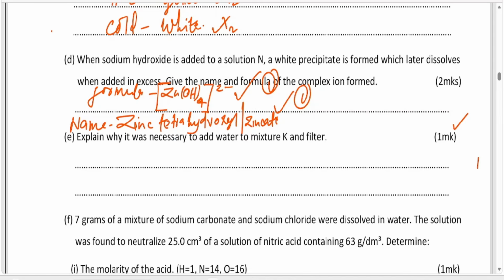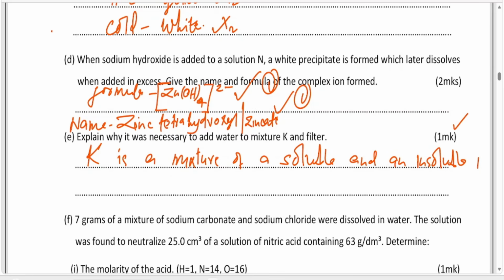So the correct answer is K is a mixture of a soluble and an insoluble salt. That one gives you 1 mark.